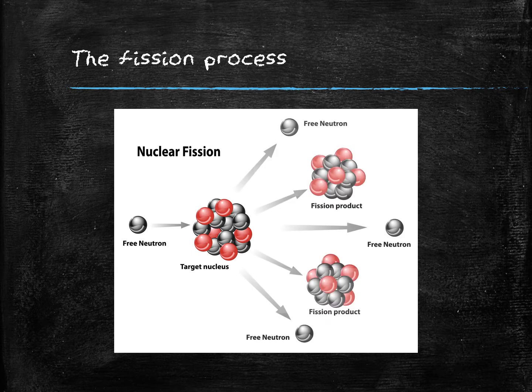It splits, releasing two daughter nuclei, or two fission products, and three extra neutrons. This representation of it, with either two or three neutrons, is something that you should be able to recall and potentially draw again in the future.